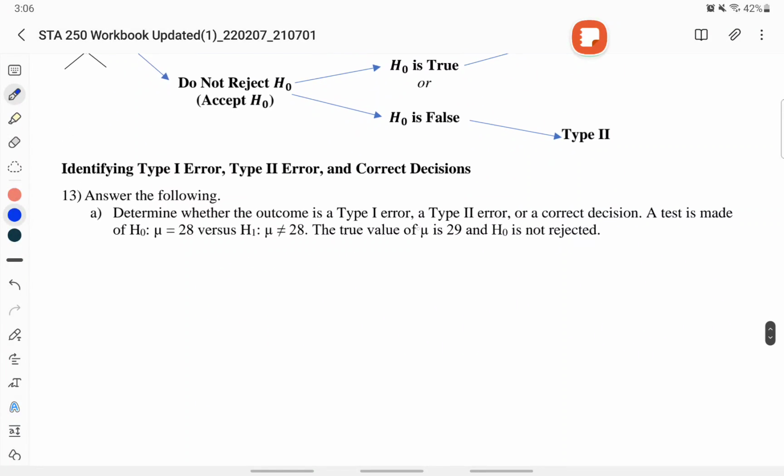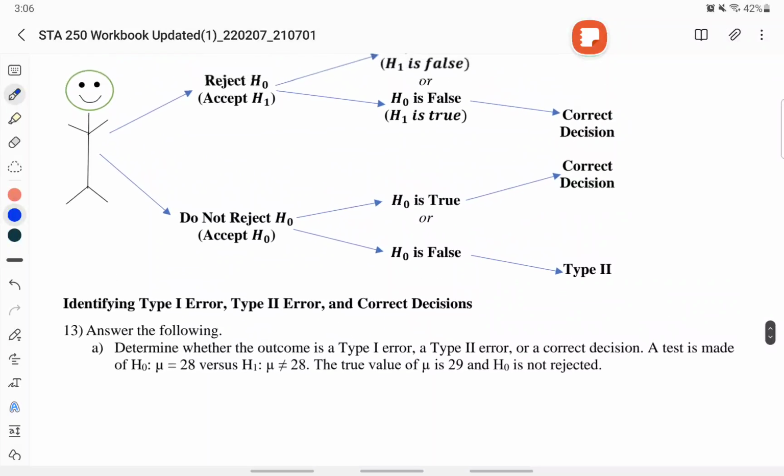Determine whether the outcome is a type 1 error, a type 2 error, or correct decision. A test is made up of the null hypothesis, mu equals 28, versus the alternative hypothesis, mu does not equal 28. The true value of mu is 29, and the null is not rejected. Okay, let's look here.